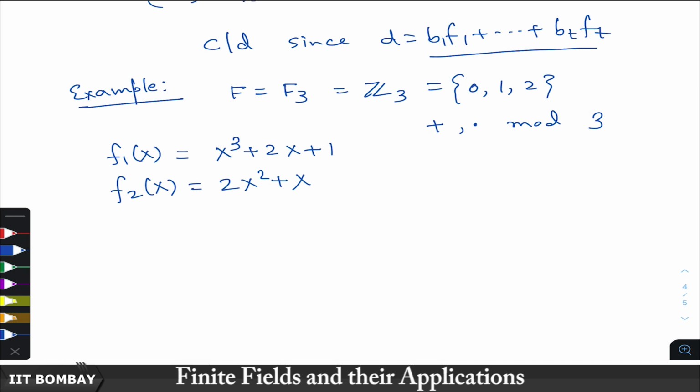We use Euclid's division algorithm. We take one polynomial of higher degree, we divide it by the other polynomial. So, we divide the polynomial x cube plus 2x plus 1 by 2x square plus x. So, 2 times 2 is 1 in F3, because 2 times 2 is 4 and 4 modulo 3 is 1.